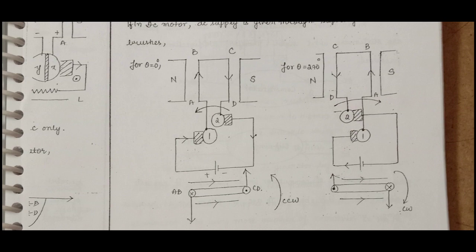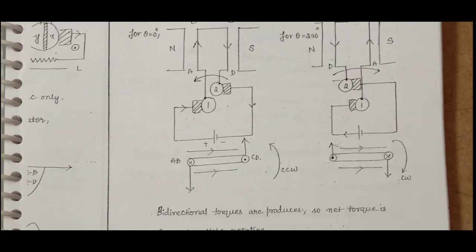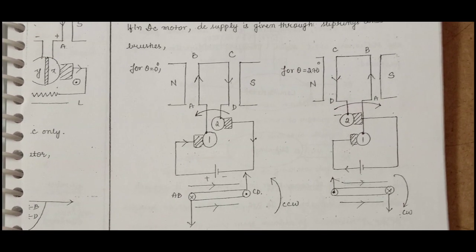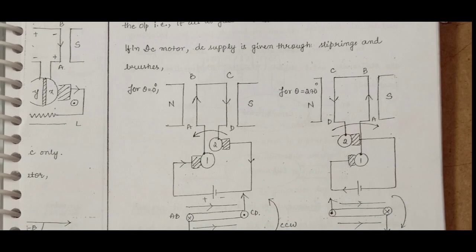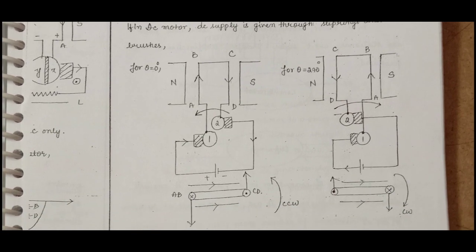So the machine rotates in the clockwise direction. Whenever a DC supply is given through the slip rings, not a split ring here, you can understand that a split ring is different and a slip ring is different. So this is the analysis with the slip ring.